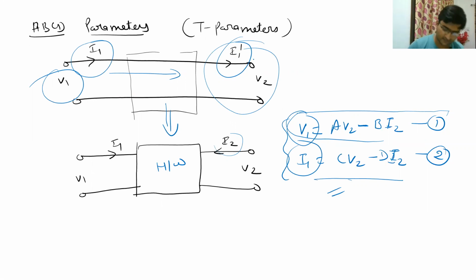So basically this is the reason we are not able to draw the equivalent circuit for ABCD parameter or transmission parameter, or we also say T parameter. So let's go to the last, which is small ABCD parameter, which is basically just the opposite of ABCD or T parameter.